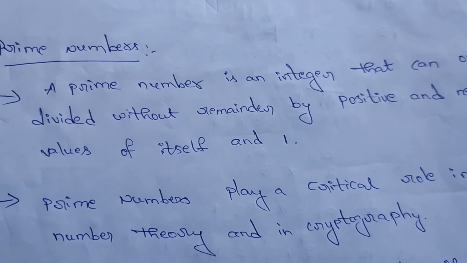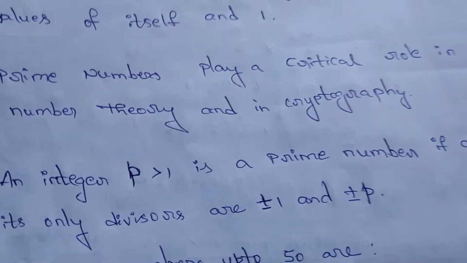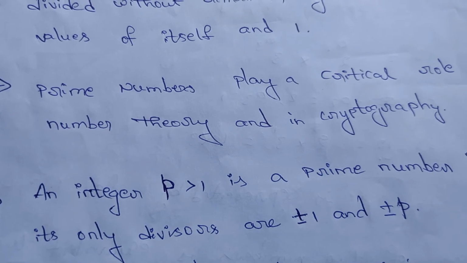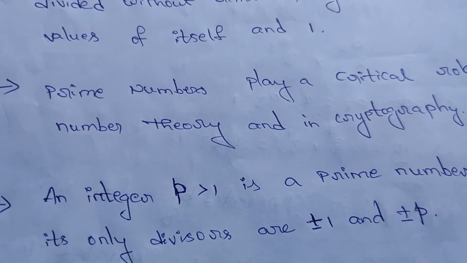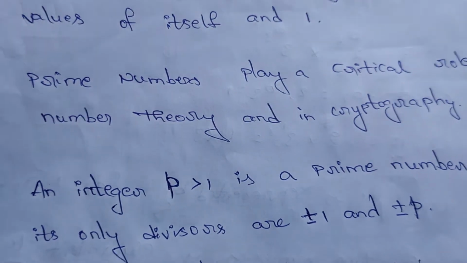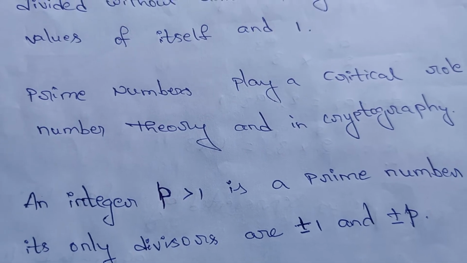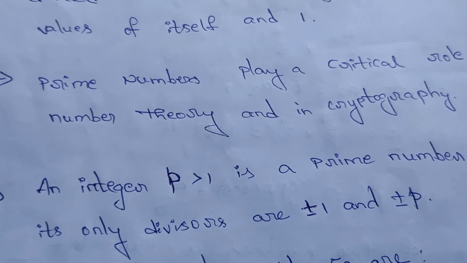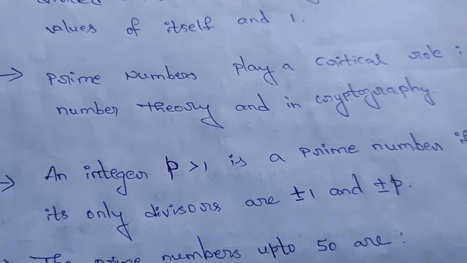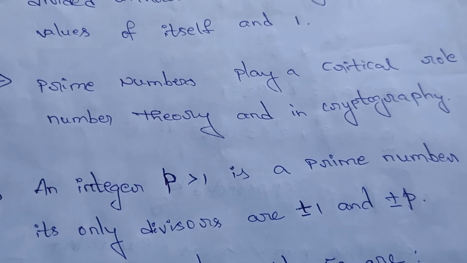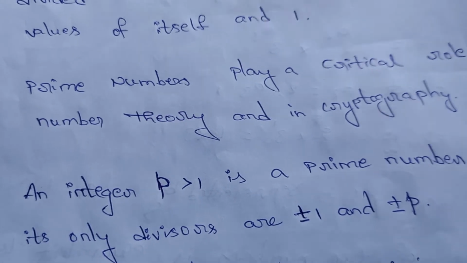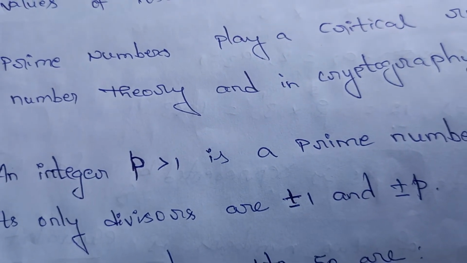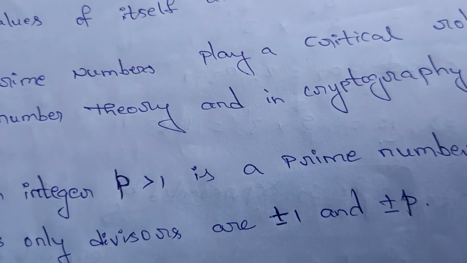So a prime number is an integer. Here p is an integer, and if we say that p is a prime number, then p has only the divisors 1 and p, that means p divided by itself and 1, either negative or positive, plus or minus 1 and plus or minus p.